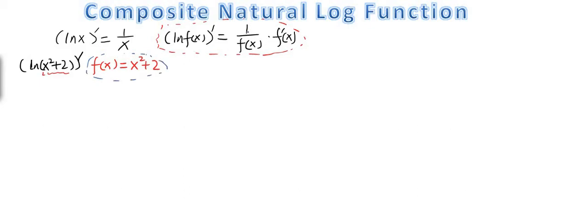Then we can follow the formula: 1 over f(x), that is x squared plus 2. And then do the derivative of f(x). Plug in f(x), that is x squared plus 2 prime. And then we can simplify it.